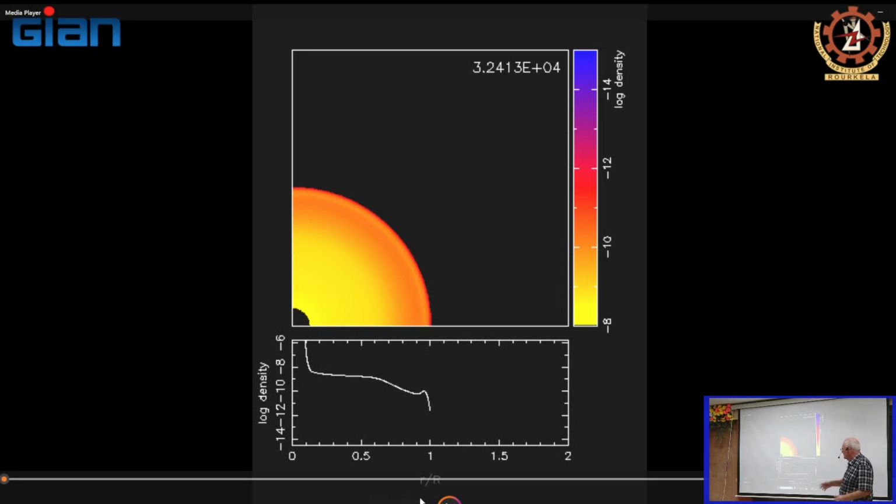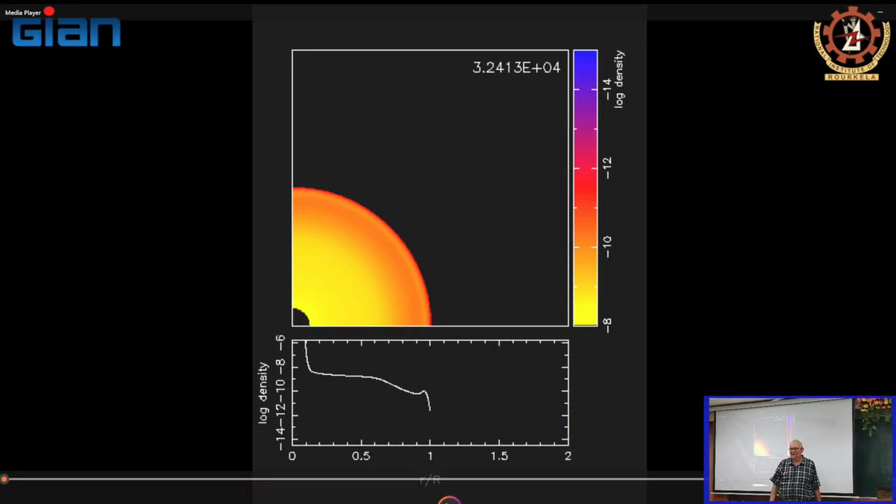What we will see is what happens once the evolution proceeds. We start from the hydrostatic model, and in the upper panel you see the time in seconds. So this is, if you like, the real simulation of a spherically symmetric star.